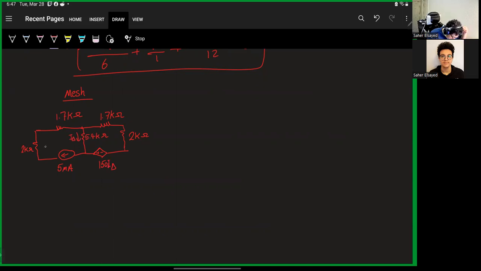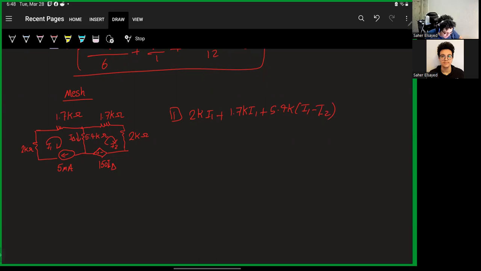So the first thing you want to do is define your currents, I1, I2. Do your meshes. First mesh, what is it going to be? 2K I1 plus 1.7K I1 plus 5.4K times I1 minus I2. Why? Because this has the two currents going through.